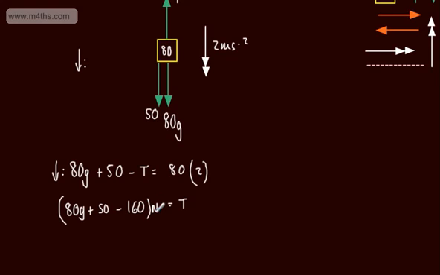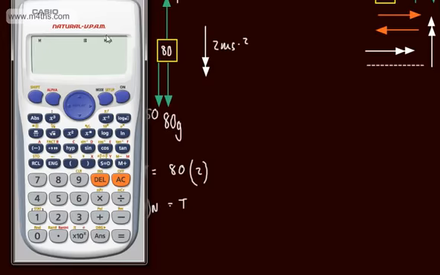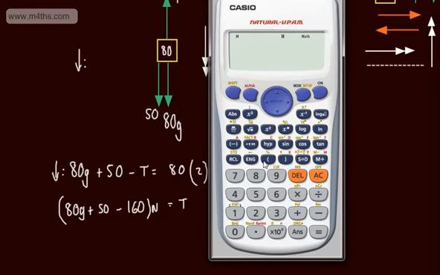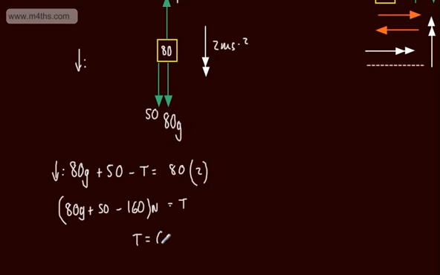If we calculate this straight through a calculator, 80 times g, where g is 9.8, and then we simply add 50 minus 160, which is minus 110. This gives me that the tension T is 674 newtons. So that's an example of just modelling this up.